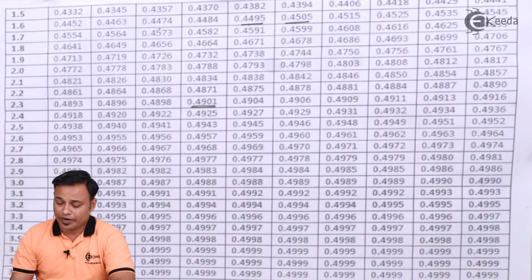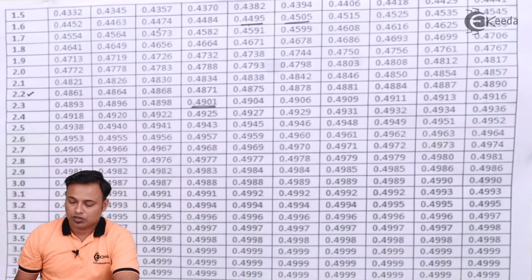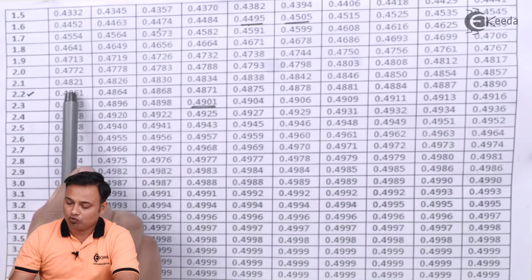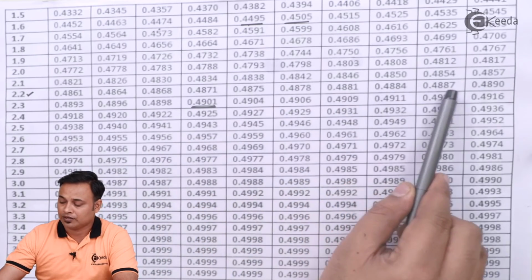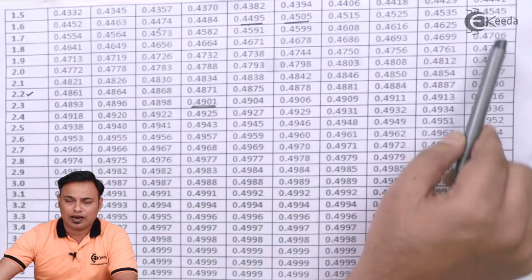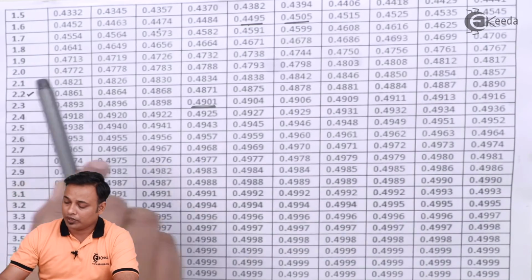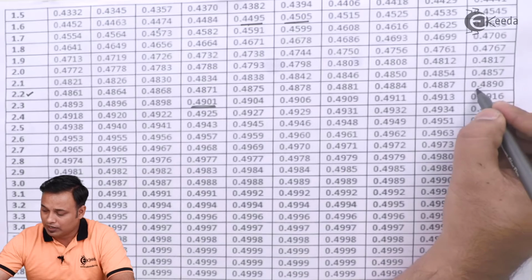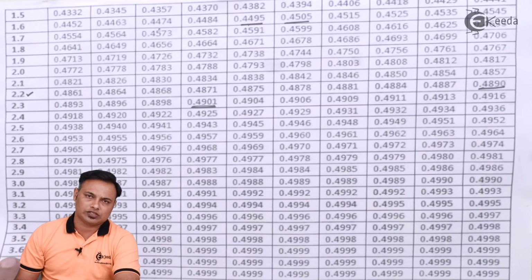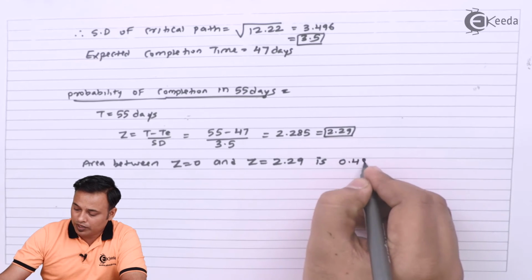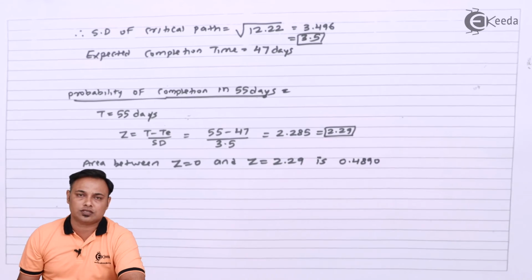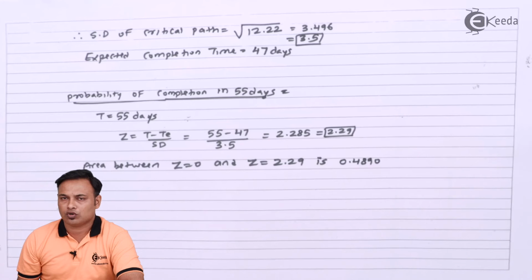In the row 2.2 and the column 9, the value will be 0.4890. I'll note down this value: 0.4890 is the value against z equals 2.29.